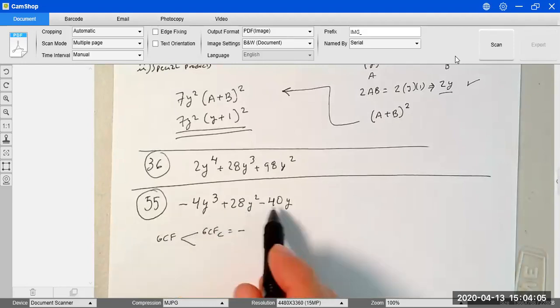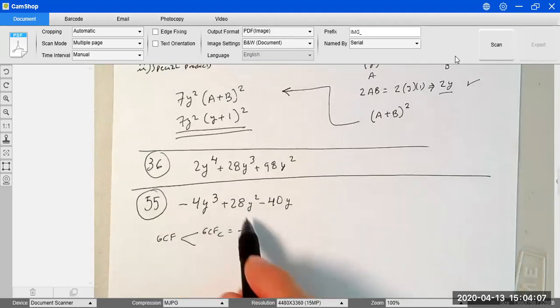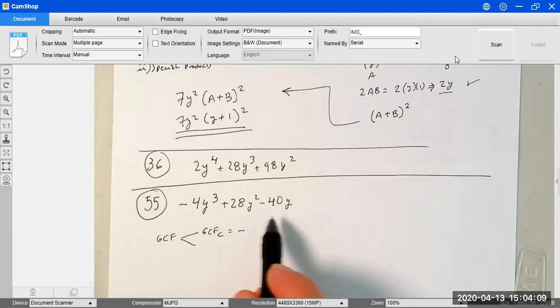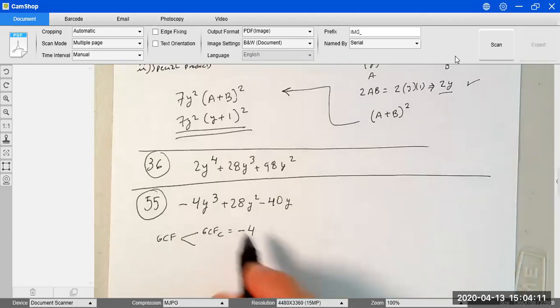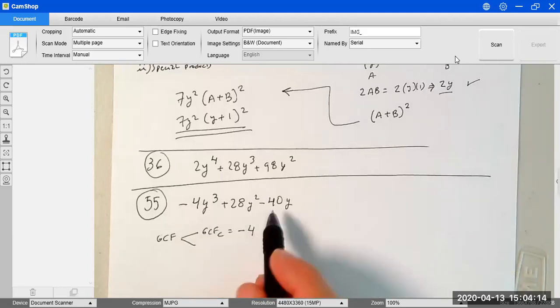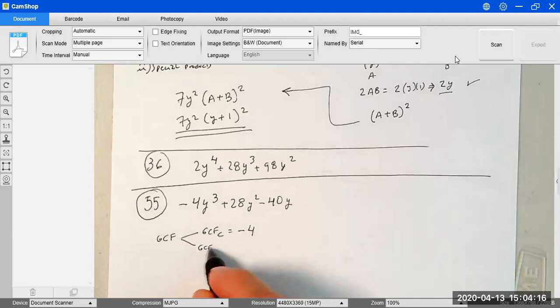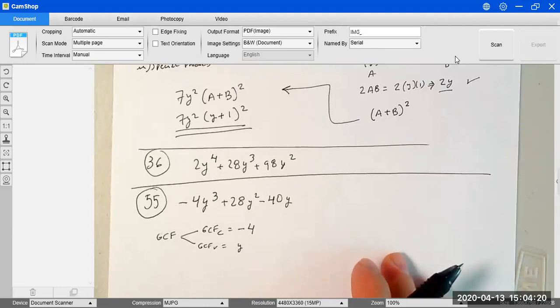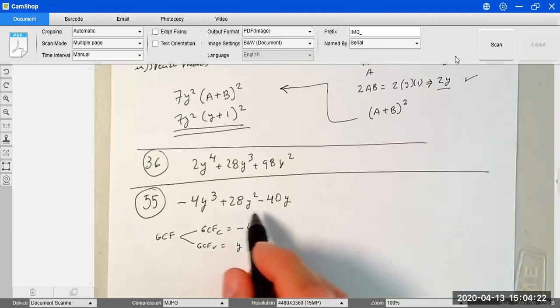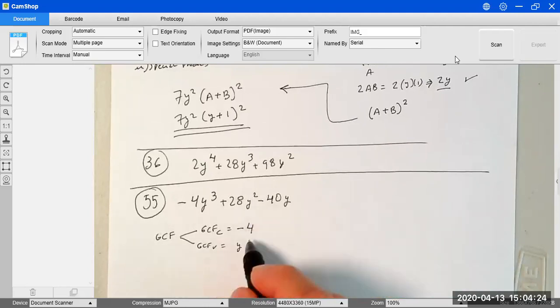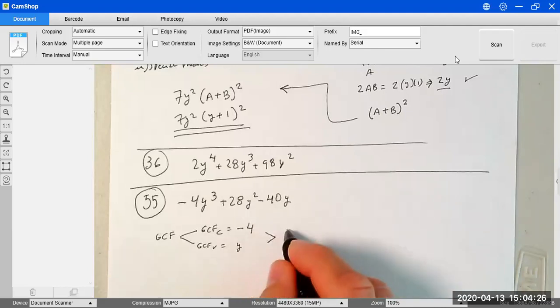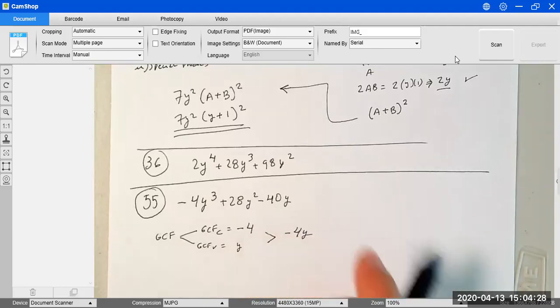If you don't have an integer that factors everything, you should write 1 here, but in this case 4 is going to work for all these three coefficients. For the variables, you can see here that y appears in all these terms, so we're going to use just the y with the lowest exponent, which is just y. So my greatest common factor is negative 4y.